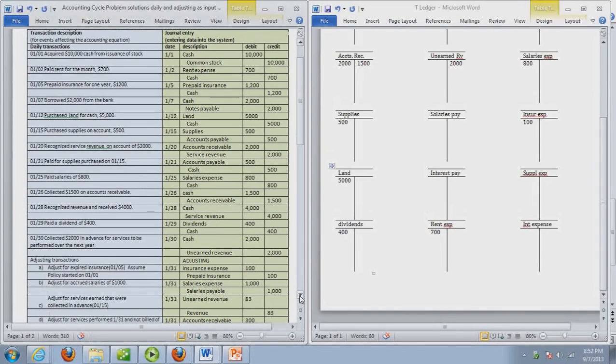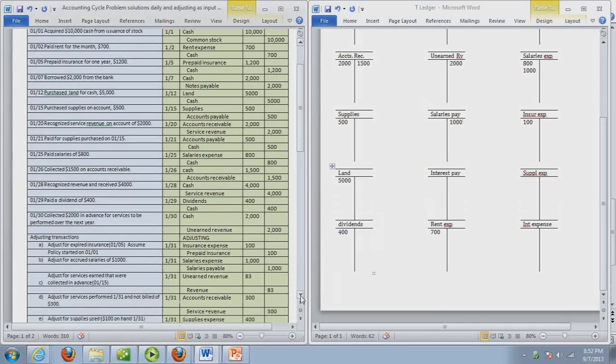Salaries expense, salaries payable for $1,000. Salaries expense is here, for $1,000, and salaries payable is, of course, a liability, and the other is an expense. Unearned revenue and revenue is the next one.